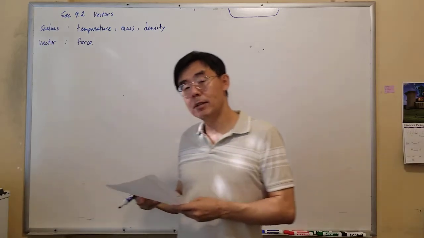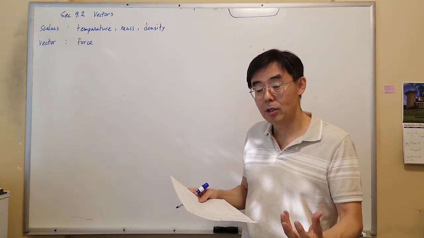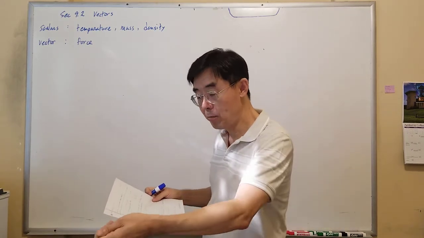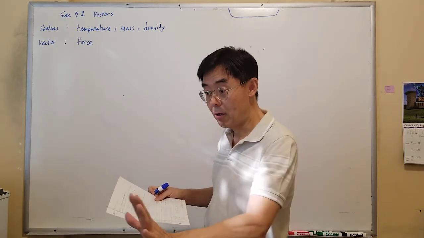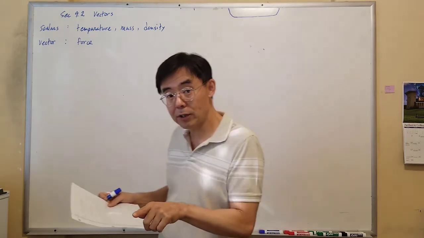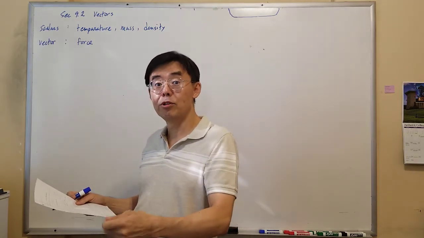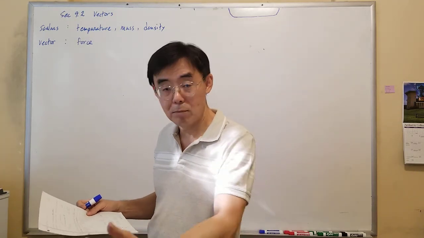It's not enough to know how strong a force is to predict the effect of the force on an object when you apply the force. You have to know in which direction the force is applied to predict the future location of an object when it starts moving, accelerating.